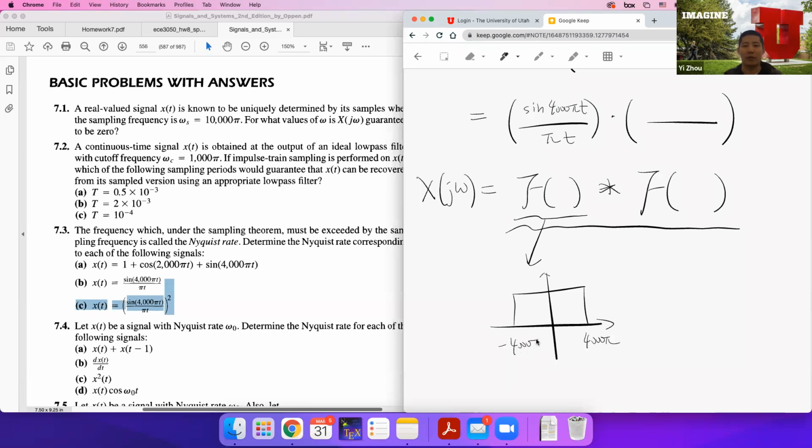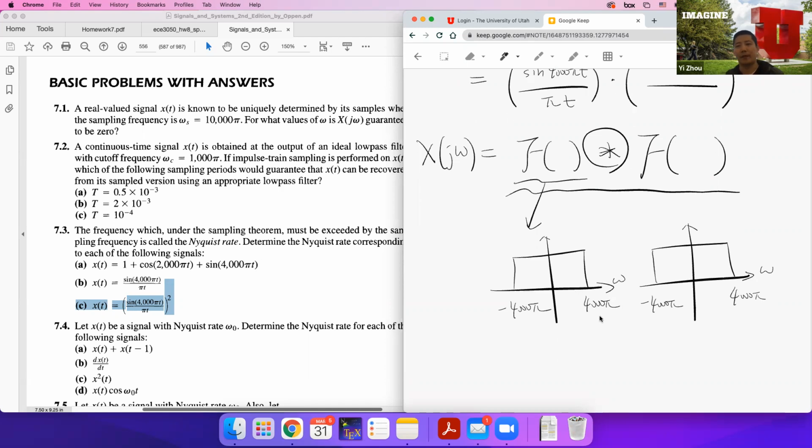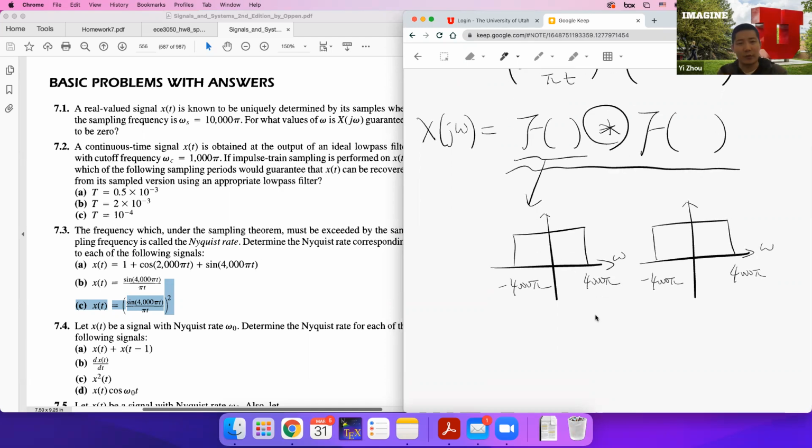So we have 2 such rectangles in the frequency domain, and then we take the convolution between them.